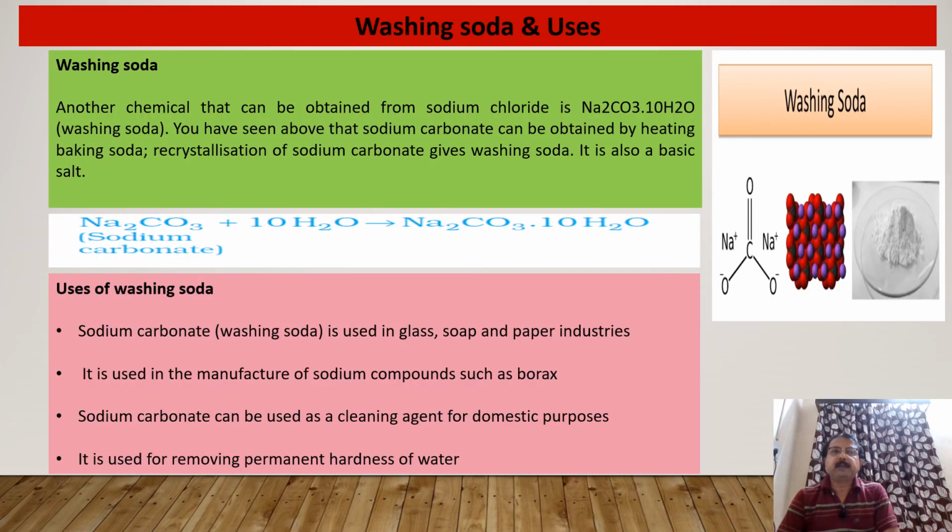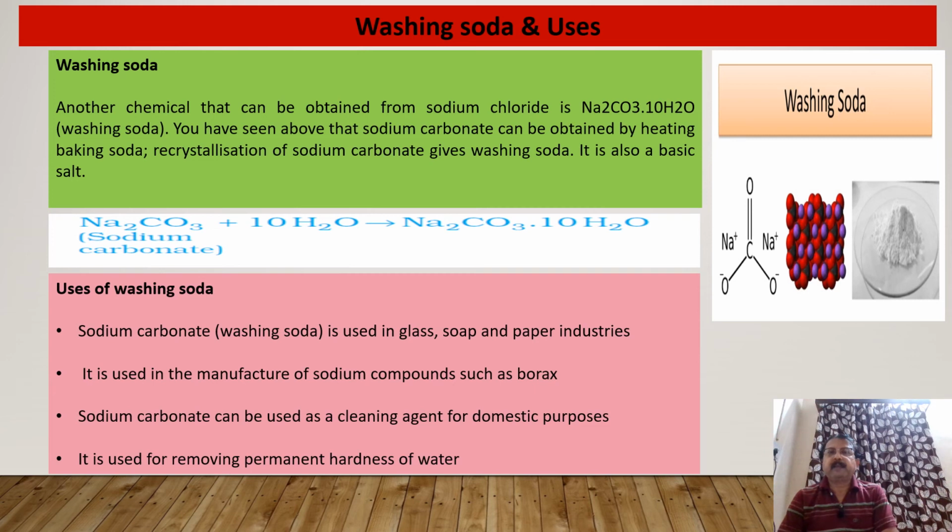Here we will see washing soda and its usage. Washing soda is another chemical that can be obtained from sodium chloride.